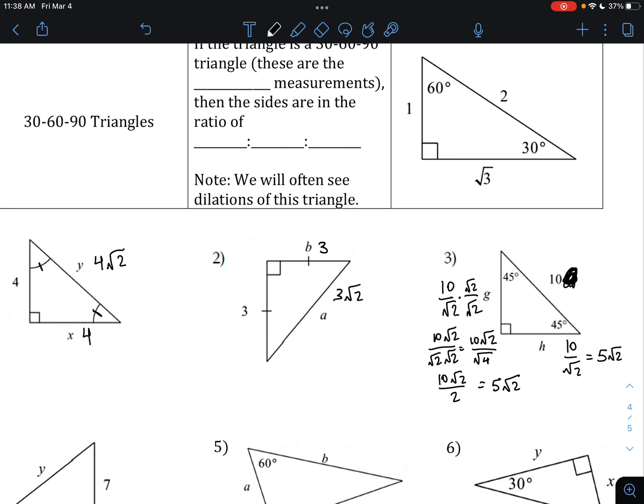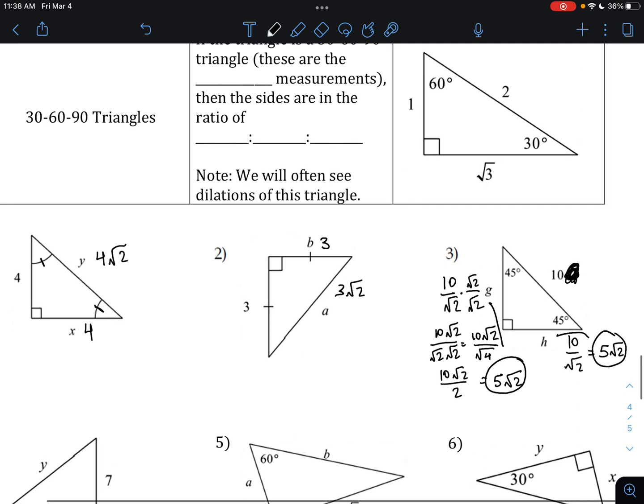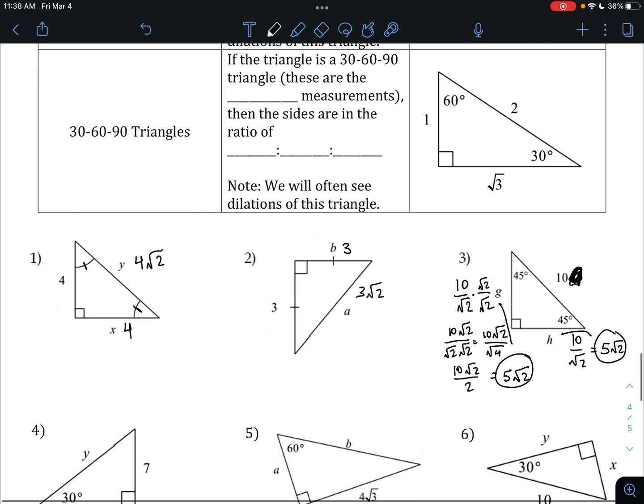Pretty simple, not too bad to see. Remember, these two answers are both for those sides.